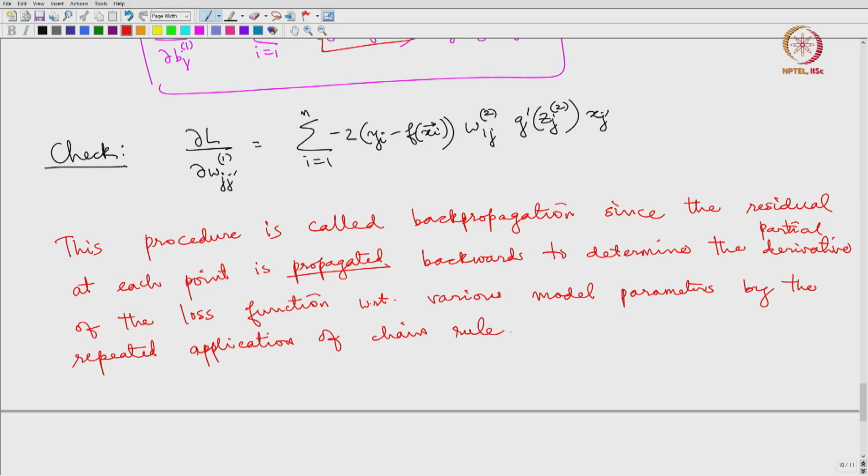So, this brings me to the end of this particular lecture. In this lecture, we went through the details of the training of artificial neural networks. Specifically, we looked at the various stages. First, you actually have to compute the value of the loss function, and for that you need the prediction of the neural network. You get that through forward pass or forward propagation.